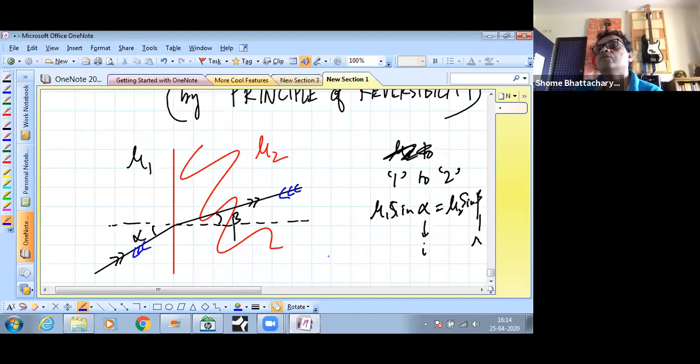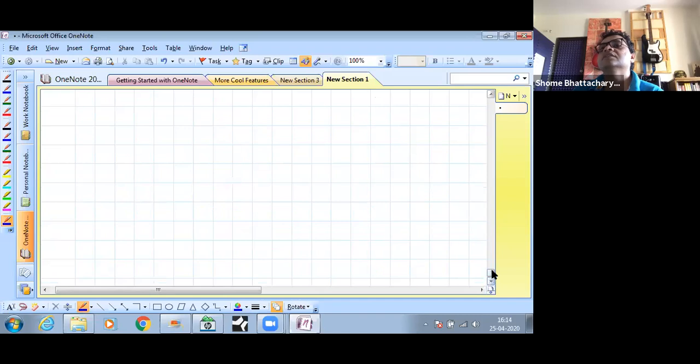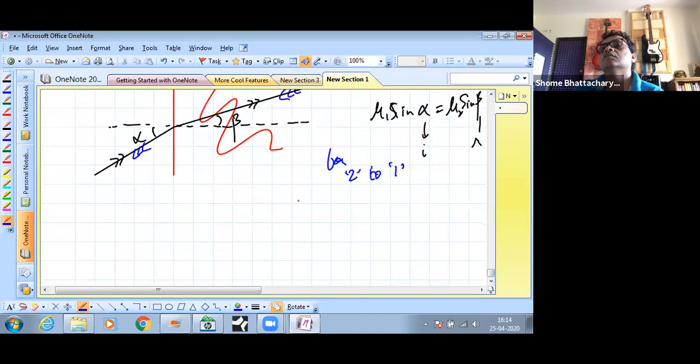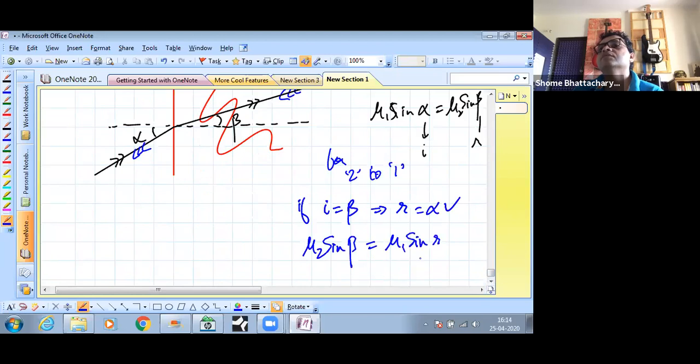Okay. But for medium 2 to 1, now if your angle of incidence is beta, then your angle of refraction will have to be alpha. Why? Because again, mu2 sine beta will have to be equal to mu1 sine r, and this will show you, comparing with the above equation, that r is equal to alpha.